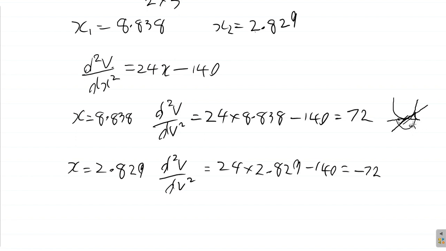Or you can think of it as walking at the bottom of a valley: when you move after that, you must be going up. You can't go down any further, so any movement would be up. So this is a positive 72, it's a minimum point.